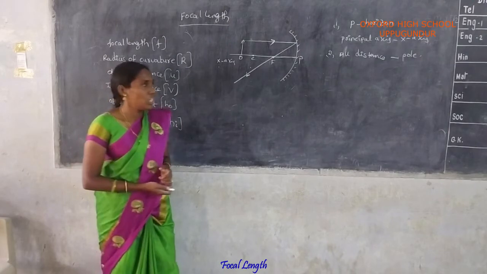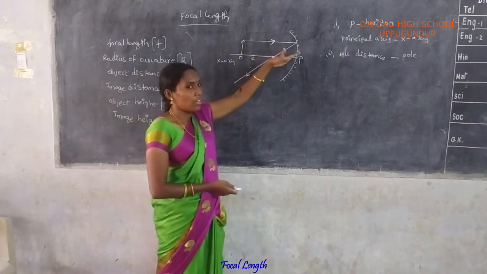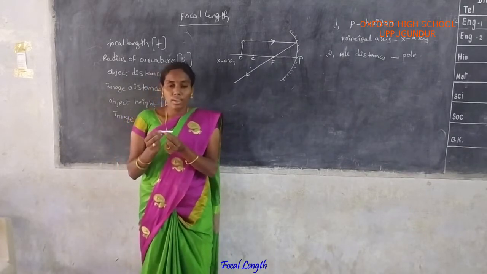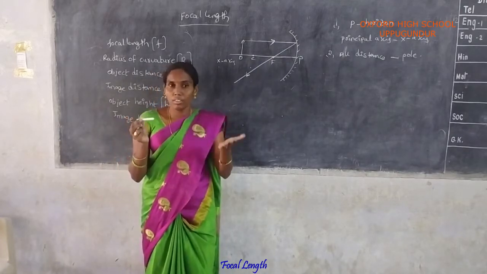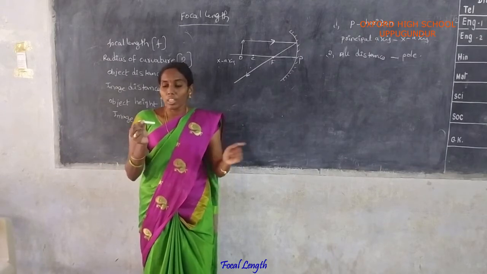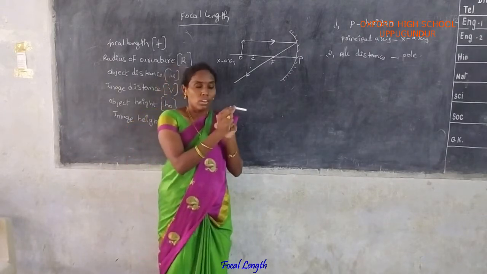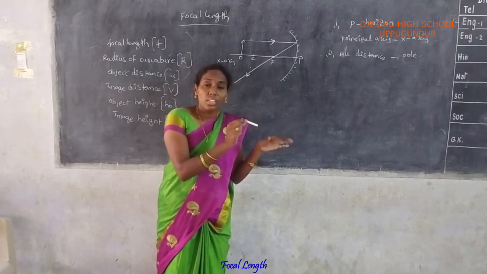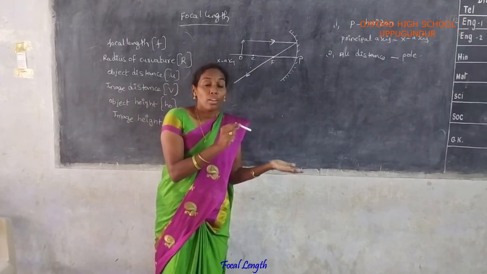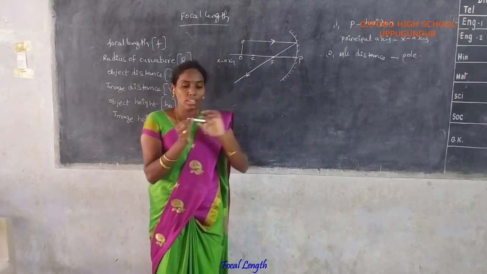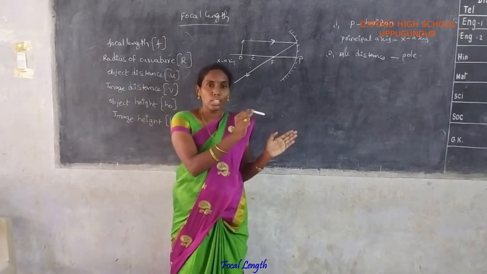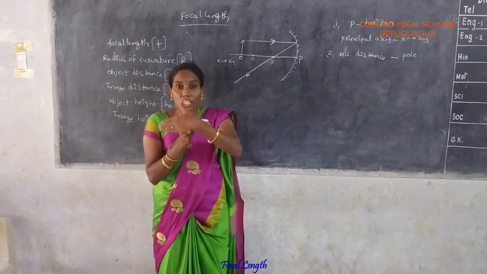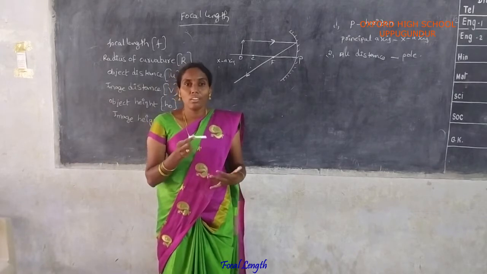For example, if the light ray is moving from left to right, the distance also measured from left to right is always positive. But if the light ray is moving left to right and the distance is measured right to left, in this case the distance should be taken as negative, amma.